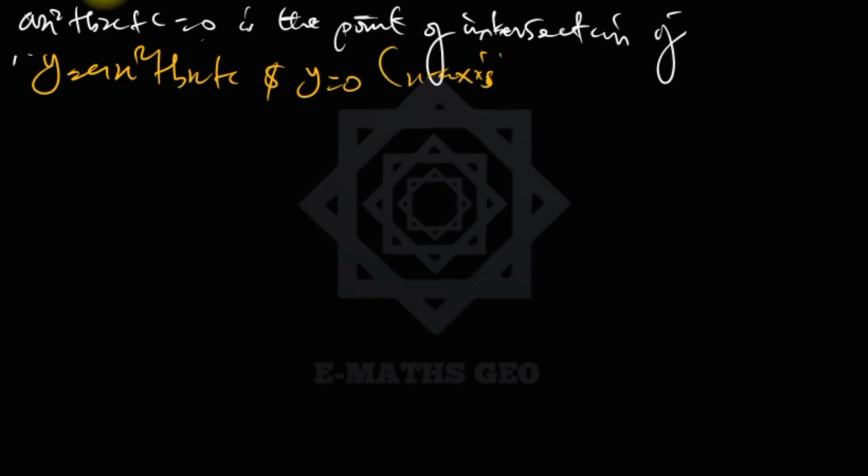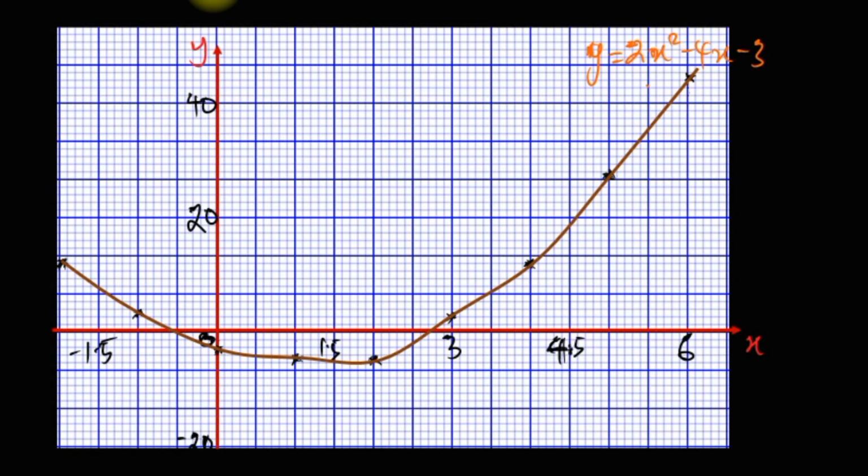So go to the graph. The question is telling us to go to the graph, and another name for the x-axis is y equal to 0. So where did they intersect? The answer is this point.